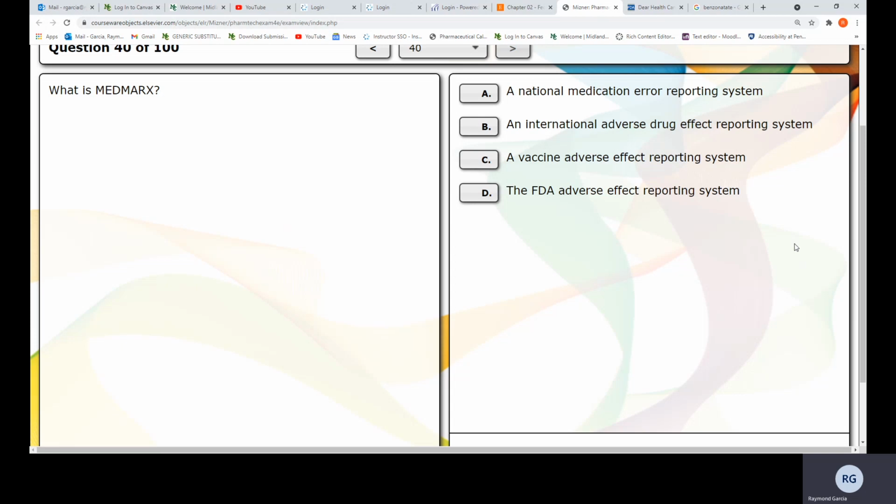What is MedMARX, the National Medication Error Reporting System? An international adverse drug effect reporting system, a vaccine adverse effect reporting system, or the FDA adverse effect reporting system.